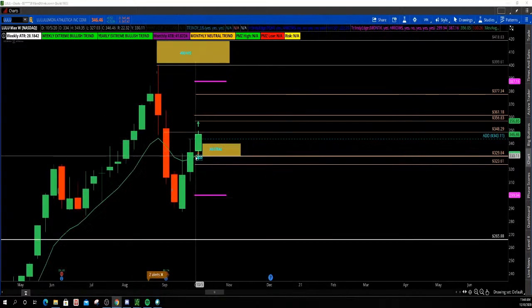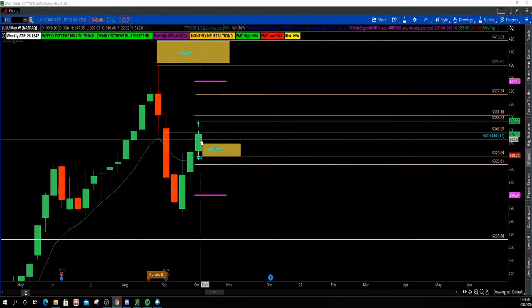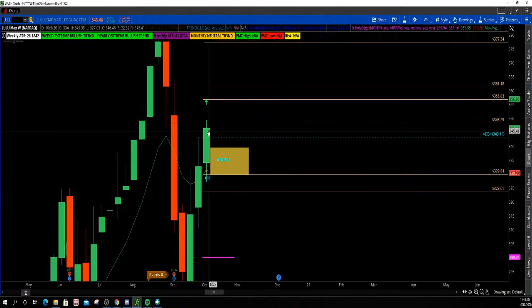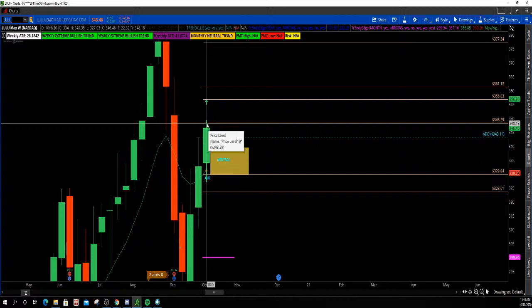Now you can see exactly what happened here. We pulled down into the add area, we pushed up, we got to the next add area, and then I closed the higher delta at 348.29, and then I bought spreads. Okay, that's how I like to roll. I like to buy the deeper in the money, and then when I start to feel a little FOMO, or I feel like the stock's done really well, then I just roll into those spreads.